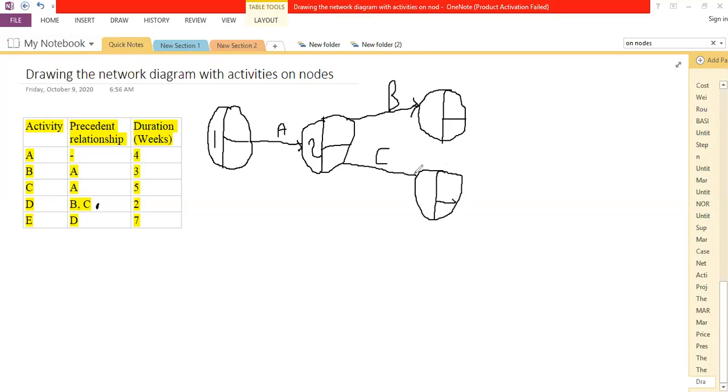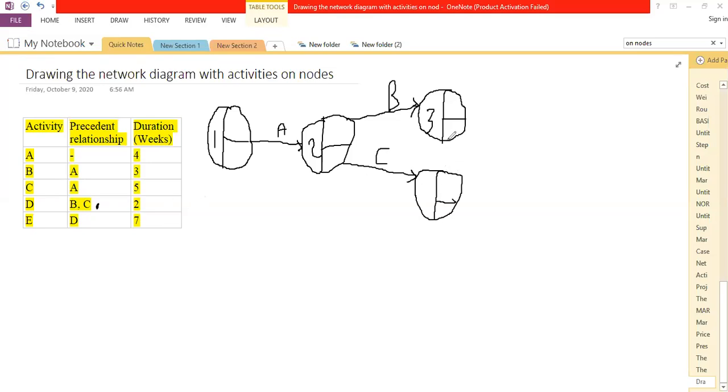But if, for example, because I remember somebody had asked about the dummy, if B alone was to become a predecessor of another activity here, we cannot point the dummy towards B. Again, if C alone was to act as a predecessor of another activity, then we couldn't join the dummy towards C. But because here it's open, whichever direction you go by will be okay.